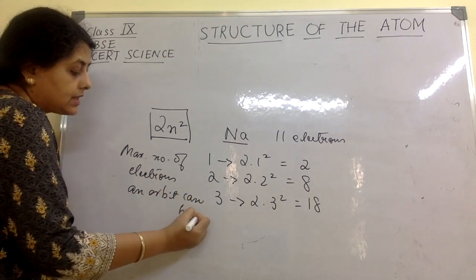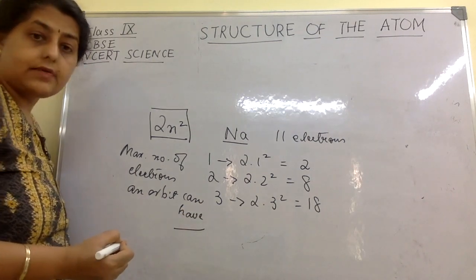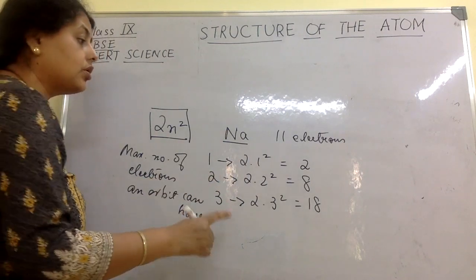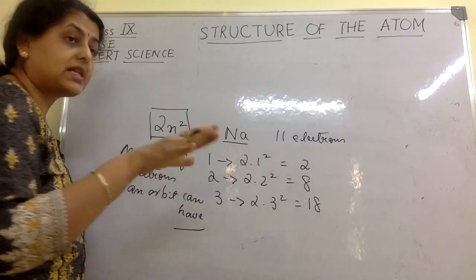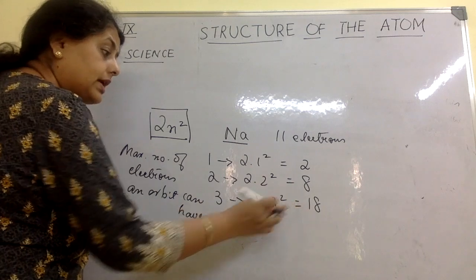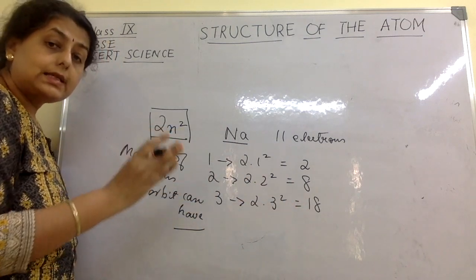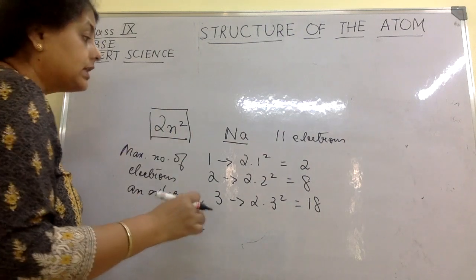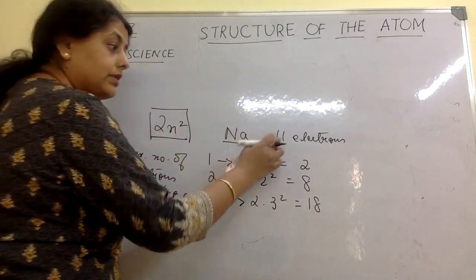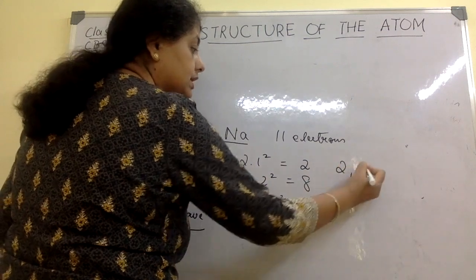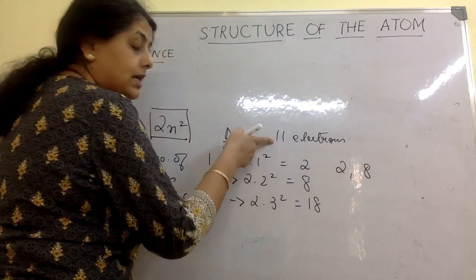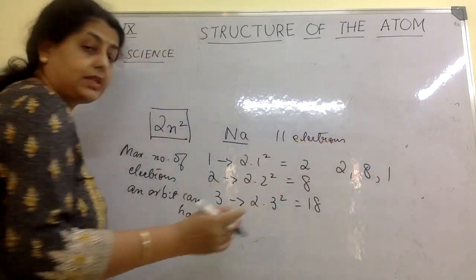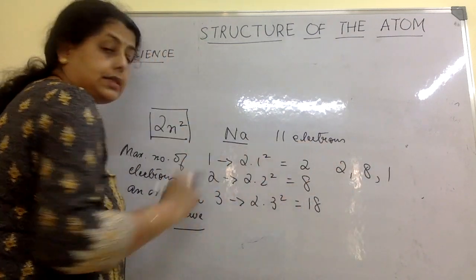So the first orbit can have 2, the second orbit can have a maximum of 8, the third orbit can have a maximum of 18 electrons. Now we'll see what it actually has. Since there are only 11 electrons, the first orbit will have 2, second will have 8, now that is 10, and total number of electrons are 11. So the third one will have 1, even if the maximum capacity is 18.